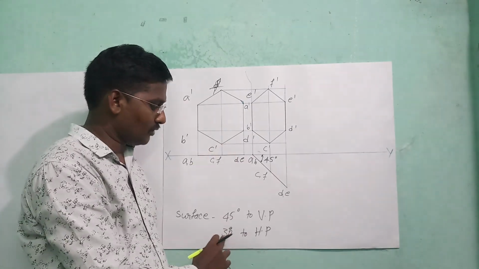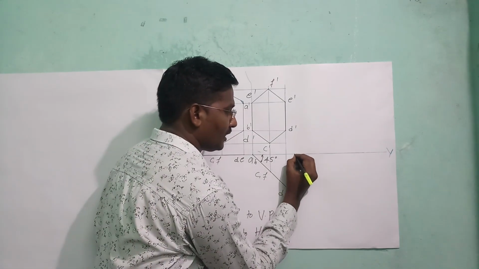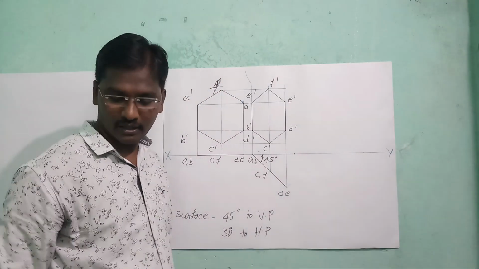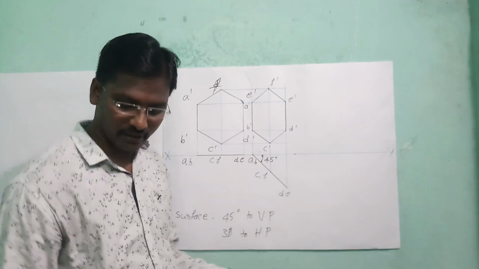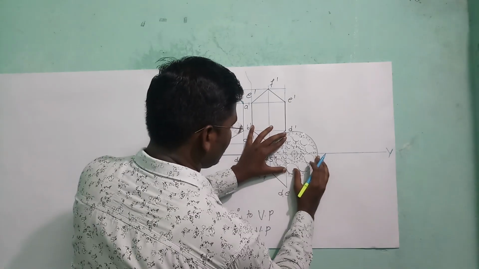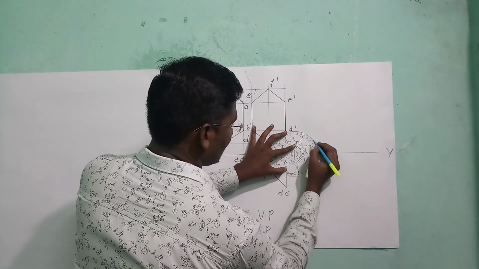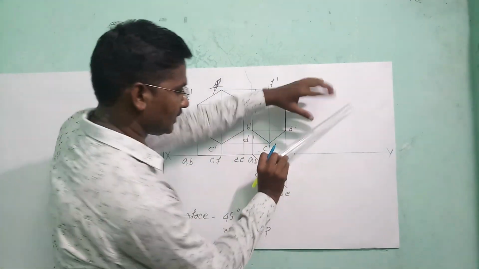Now coming to the next, what angle is left here? 30 degrees to HP. Take one point on the XY reference line and, by taking a protractor, take an angle of 30 degrees.